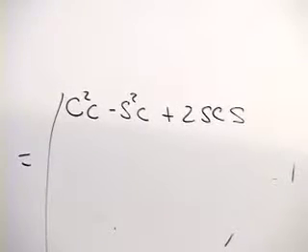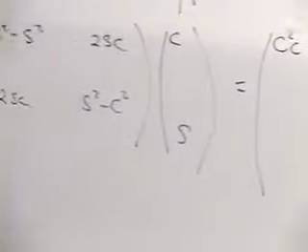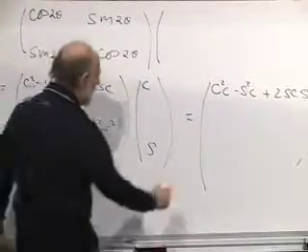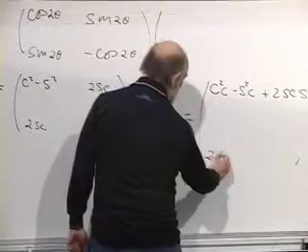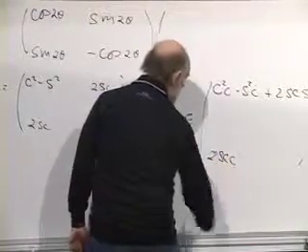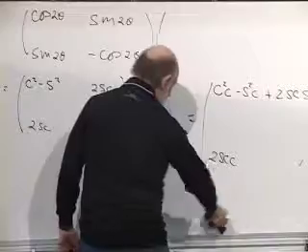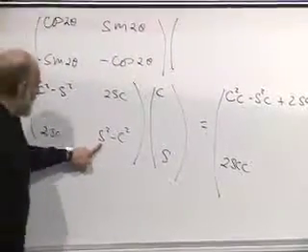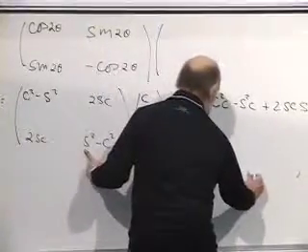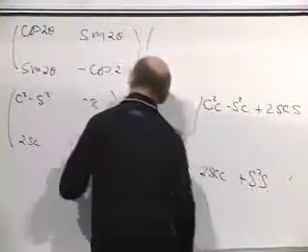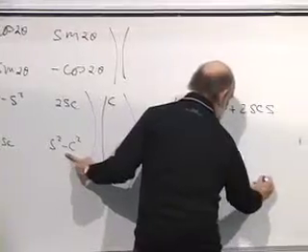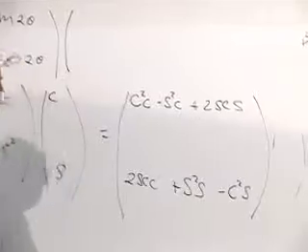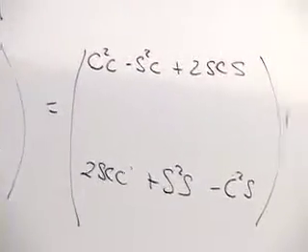In the bottom we have twice SC times C, plus S squared S minus C squared S. Don't ask me why I wrote it in this clumsy way.